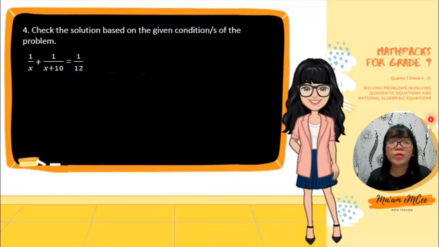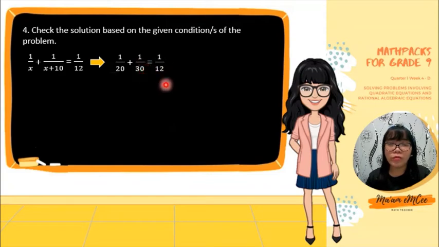So we need to substitute the values we have derived after solving our equation. So we have here x is equal to 20 and x plus 10 is equal to 30. So 1 over x will become 1 over 20, and 1 over x plus 10 will become 1 over 30. Now, is 1 over 20 plus 1 over 30 equal to 1 over 12?